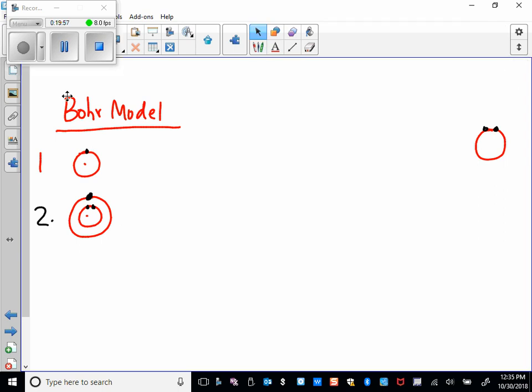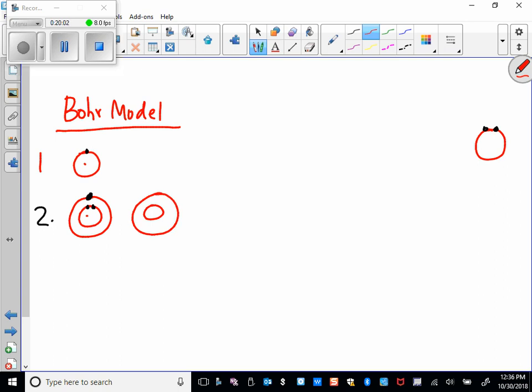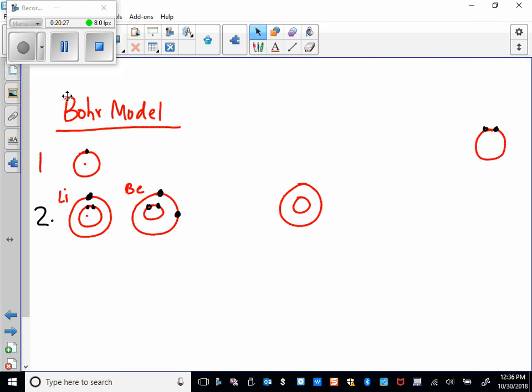Beryllium is also in energy level 2. So we're going to draw two circles. This is lithium, this is beryllium. And beryllium has a total of 4 electrons. How many will go into the first ring? 2. And then it has 2 in the outer ring. Are you with me? After beryllium, I'm going to jump to boron. Boron is also in the second energy level, but boron has 5 electrons.